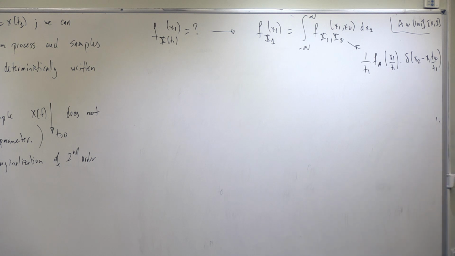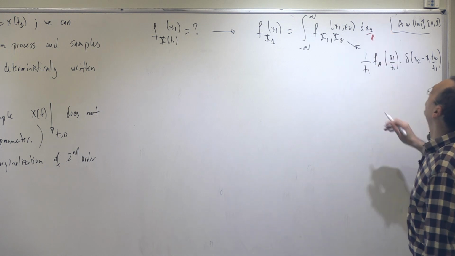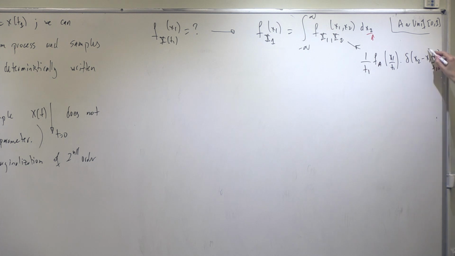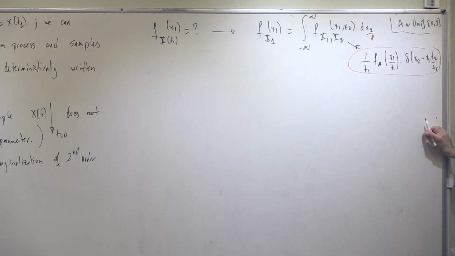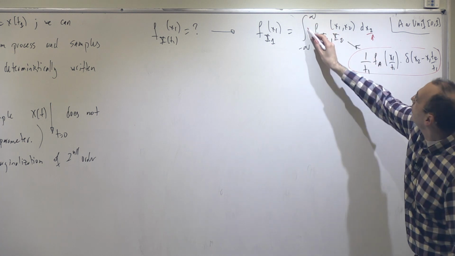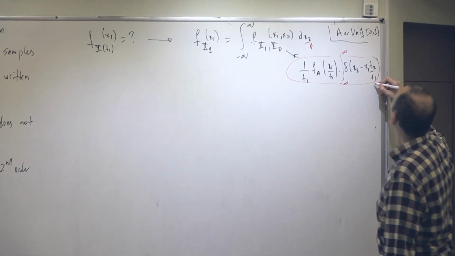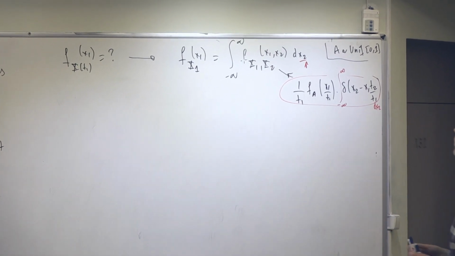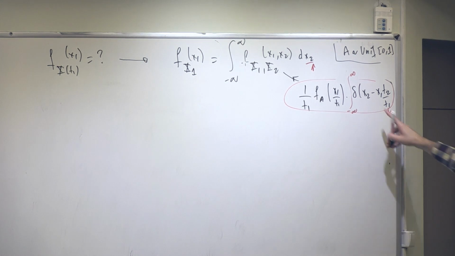So how do you integrate this? Well, what is the integration variable? X2. So this is the integrand. I should put this integrand over here. So you can see that if I integrate this, this integral will be coming over here, and I have dx2 over here. Am I right? Okay. So what is the final result if you integrate this?